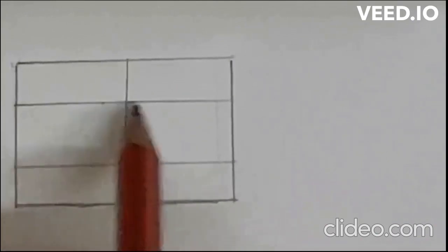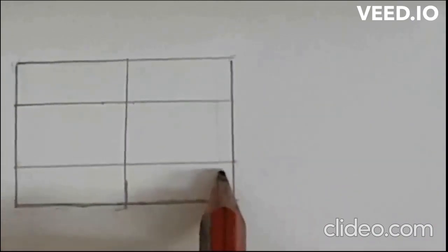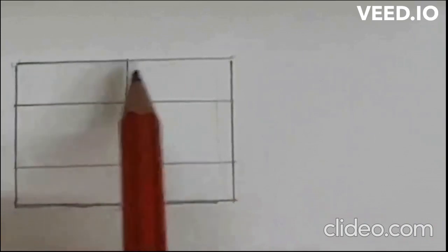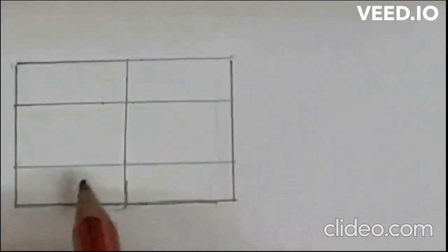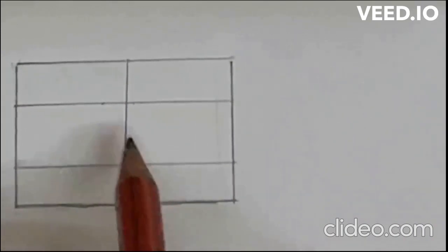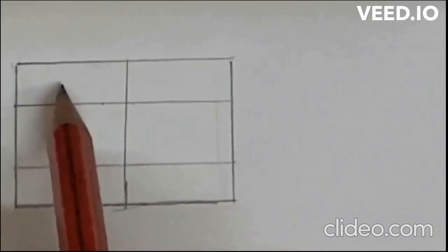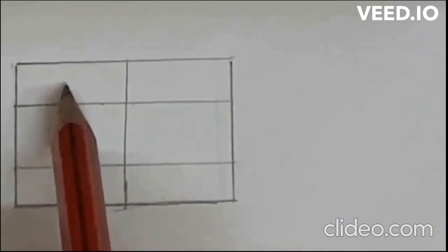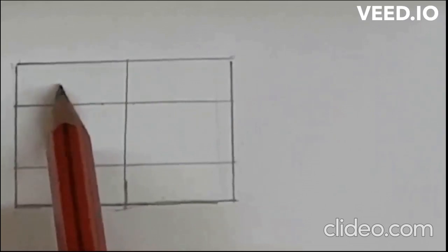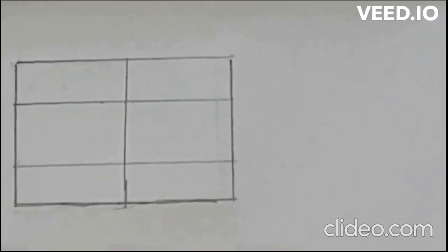Then draw two horizontal lines so that there are 6 boxes, 1 2 3 4 5 6, and the top left corner box will represent the earliest start time.